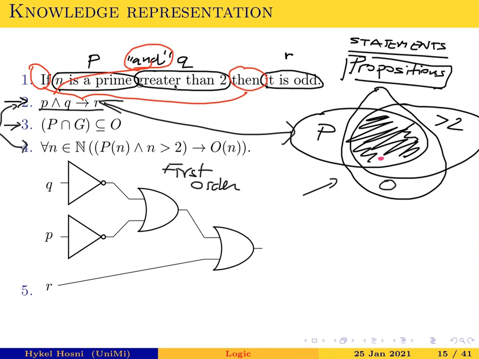Once you translated this into P and Q implies R, you just lost all logical connections. And the logical connection is you're talking about the same number, which is exactly what this variable is highlighting in the writing. So this is to say, not all logical representations are the same.